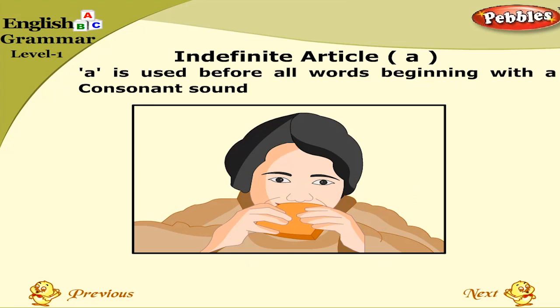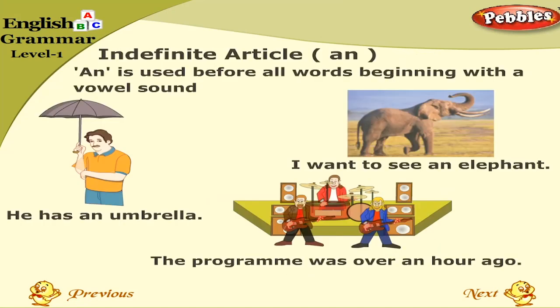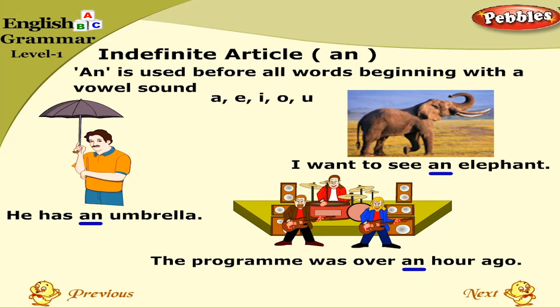A is used before all words beginning with a consonant sound. She eats a loaf of bread. An is used before all words beginning with a vowel sound. That is before A, E, I, O, U. He has an umbrella.